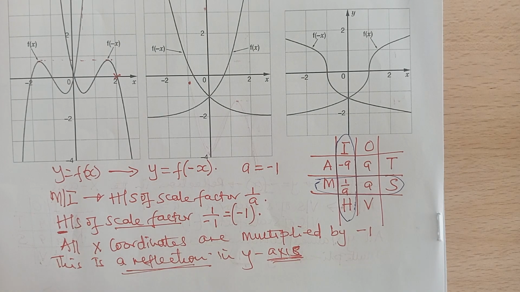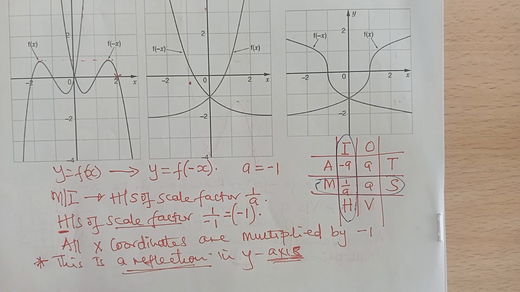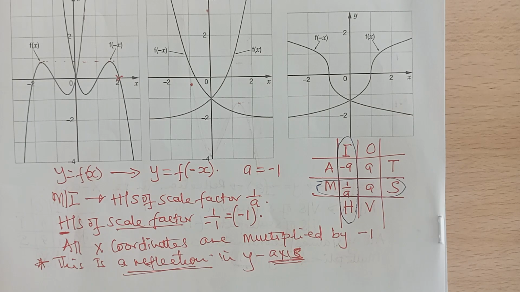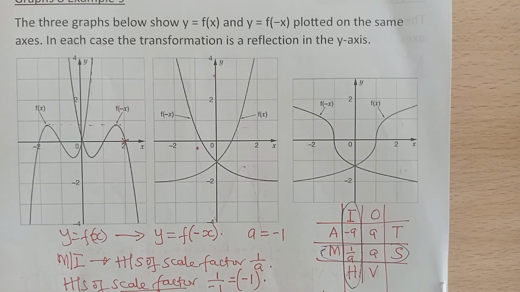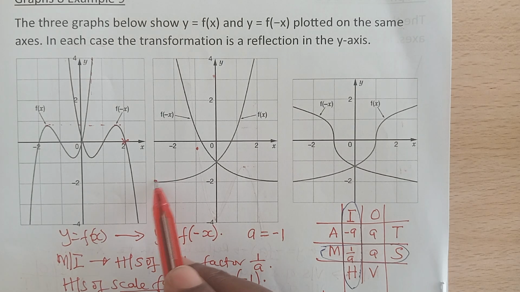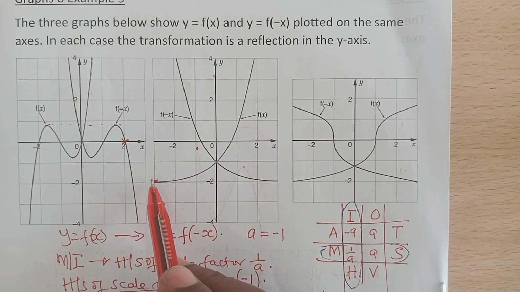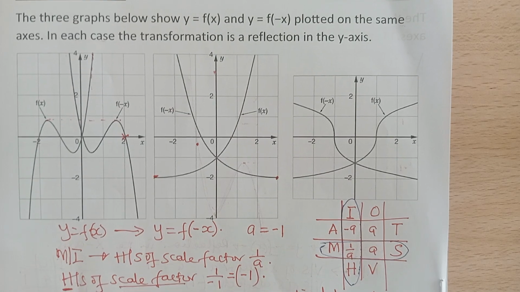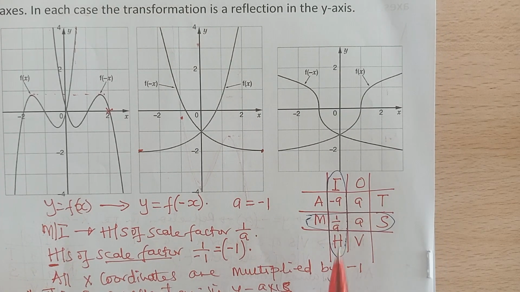But for these three examples, they are actually reflections along the y-axis, or the line x = 0. Even when this one is, let's say, negative 3, then its reflection is +3 for x. And all these are summarized by the MAIO table.